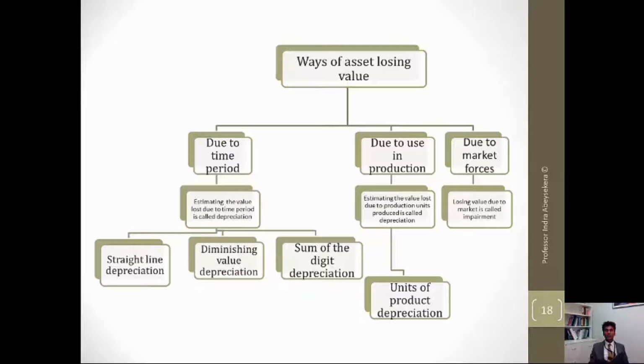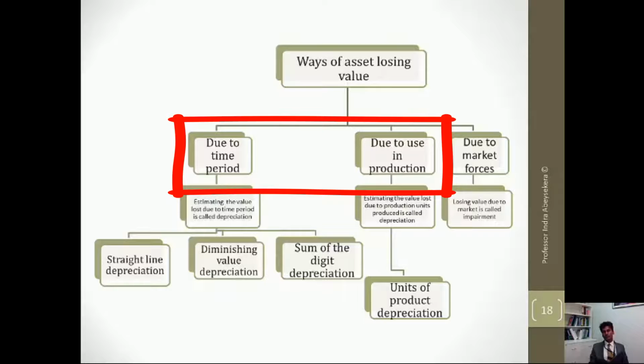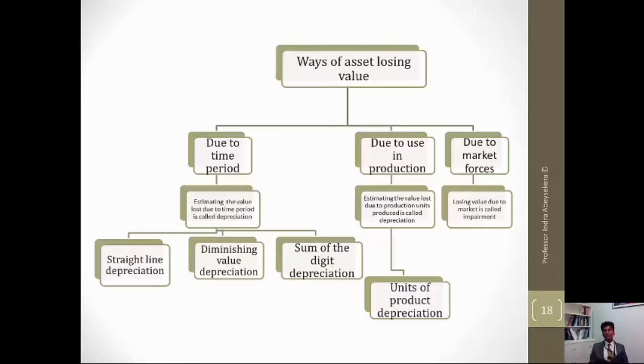The word depreciation applies for losing value either due to time or due to use in production, not due to market forces. That is called impairment. But we are not going to look at that. We are going to look at due to time period and due to use in production.